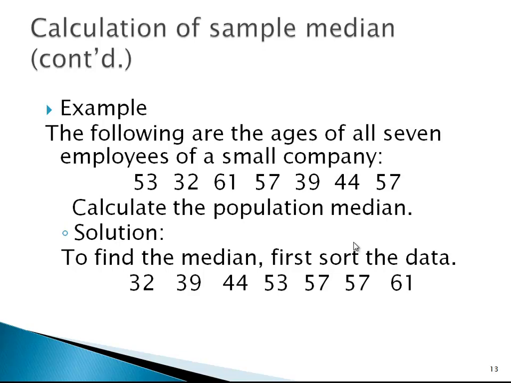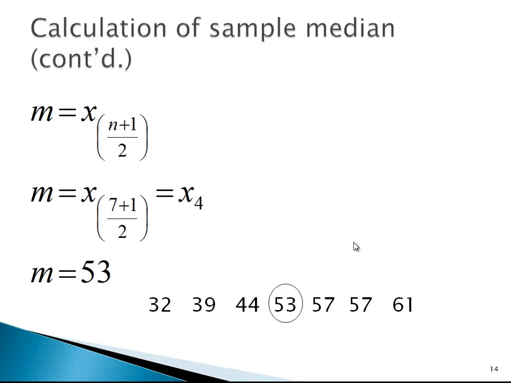We arrange them from smallest to largest, and based on that we get 53 as the median, which is the number in the middle. You can see here we have 3 numbers before and 3 numbers after.